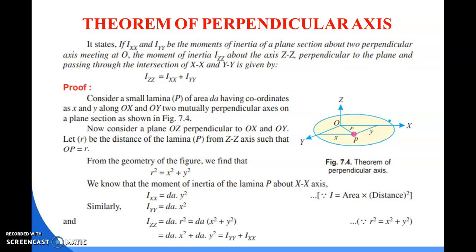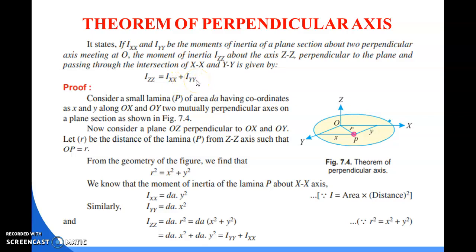According to this theorem, if the moment of inertia along the x-x axis and the moment of inertia along the y-y axis are the moments of the plane section about two perpendicular axes meeting at O, that means according to the figure at this point, then the moment of inertia along the ZZ axis, that is IZZ, perpendicular to the plane and passing through the intersection of XX and YY axes, is given by the summation of the moment of inertia along the XX axis and YY axis.